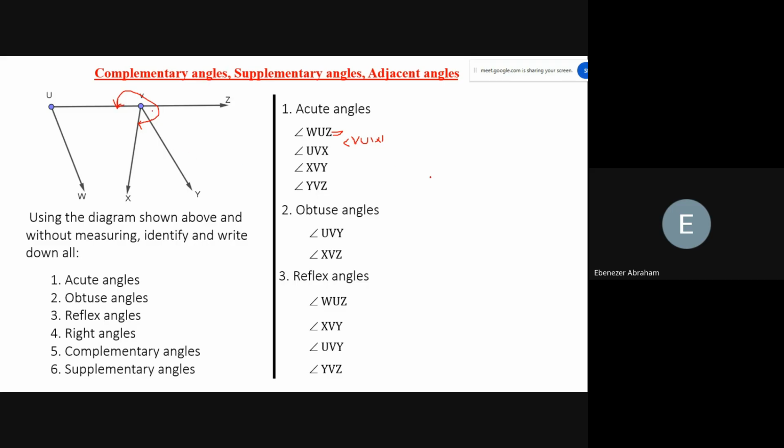So you can identify a lot of angles from this small sketch that you see there. Now let's see which angles are supplementary from this diagram.